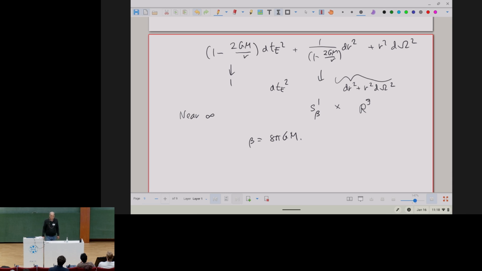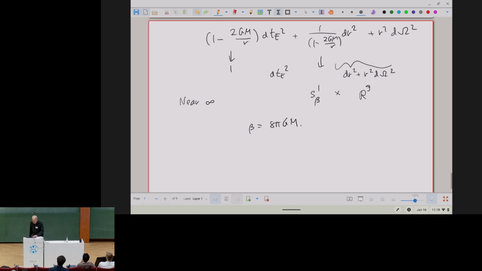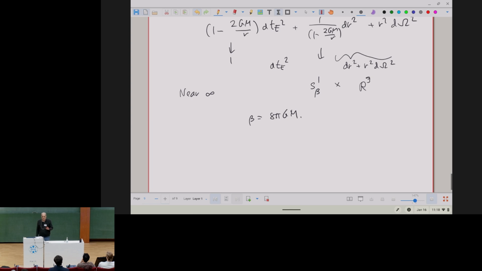So the geometry is just a circle times R3, and something that you probably either know or, if you're near the beginning of your studies of quantum field theory, will soon learn is that in quantum field theory, a path integral on R3 times a circle is a way to describe a thermal ensemble of fields in R3 at inverse temperature beta.